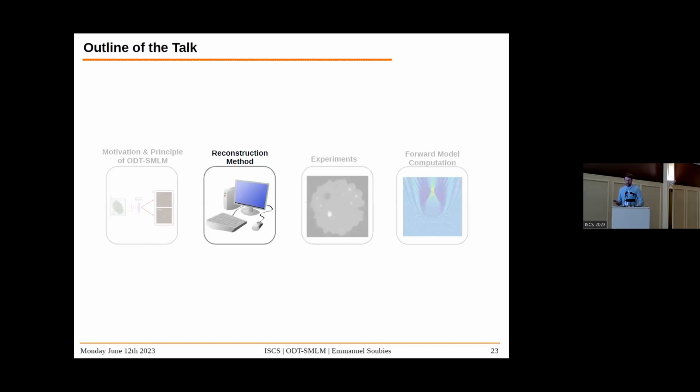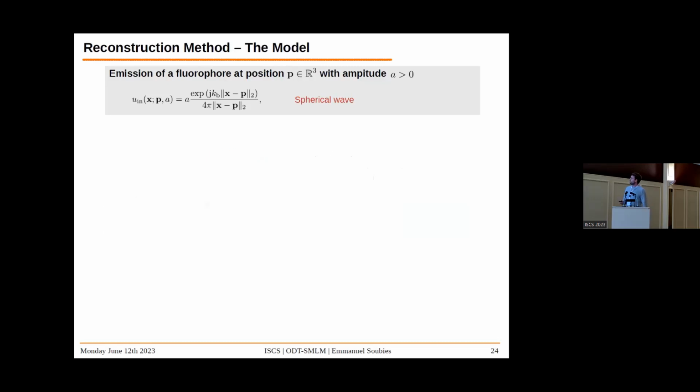So I will now go into the reconstruction method we consider. First of all, the model for the emission of a fluorophore at a certain position with a certain amplitude, we model it as a spherical wave, which has this expression.